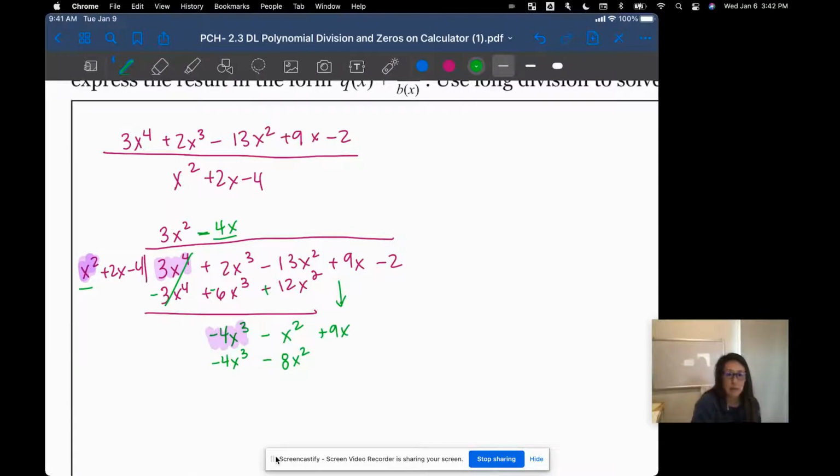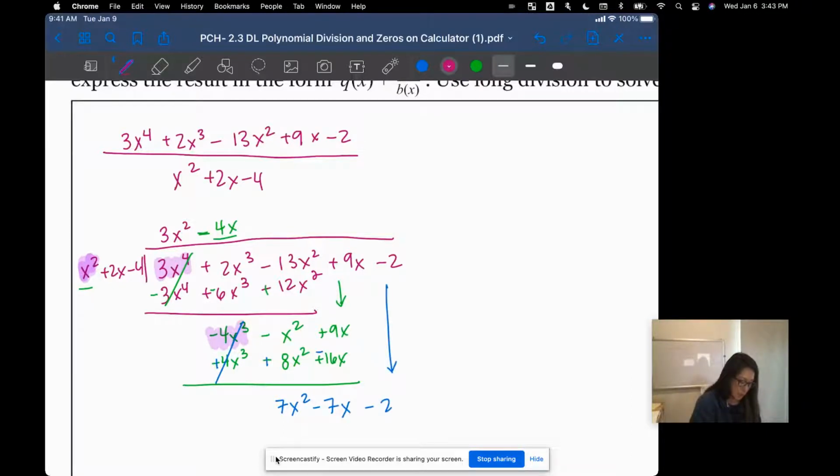Negative 4x times negative 4 gives me 16x. Okay. Subtract, which changes my signs. So plus, plus, minus. And now I just add. So I get 0, positive 7x squared, 9 plus negative 16 gives me negative 7x. And then I'm going to bring down the negative 2.